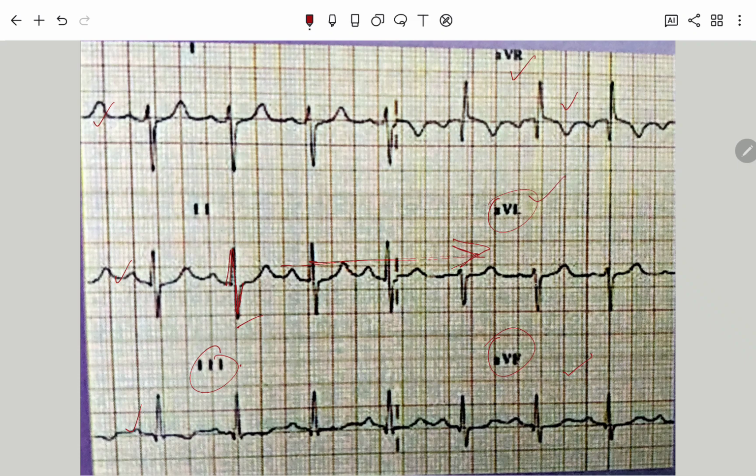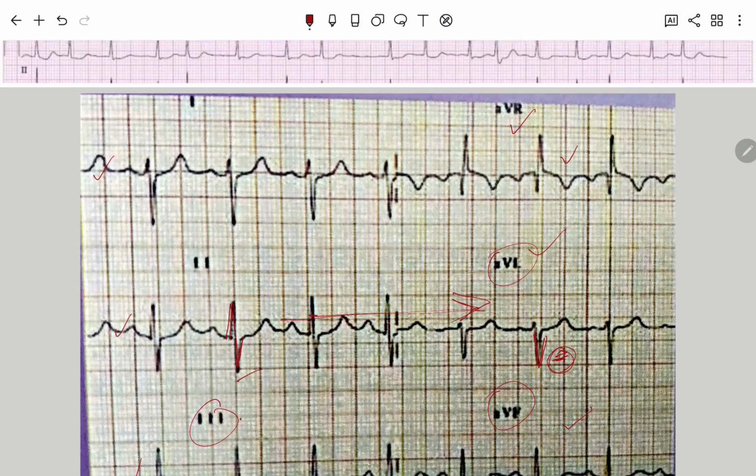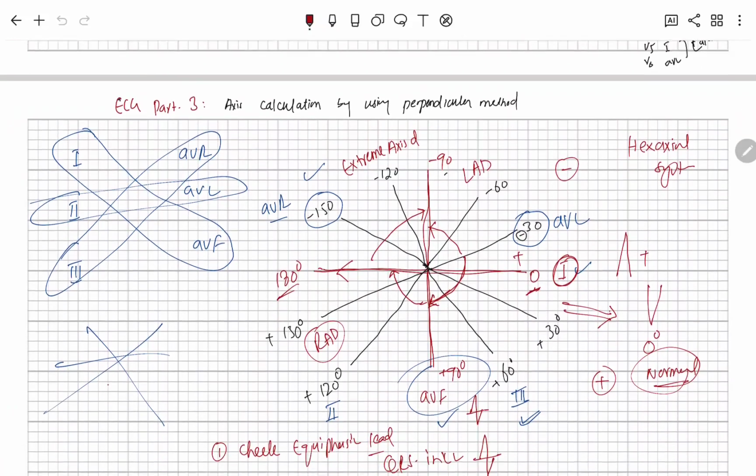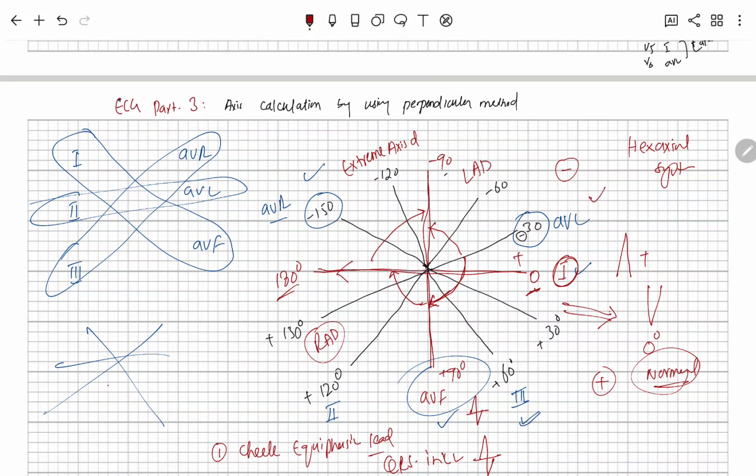We can see the vector is facing downward. The QRS complex is facing downward, so this means negative. It means the vector will be on the opposite side from where the lead is placed, right? Let's go back to AVL. Here is AVL.